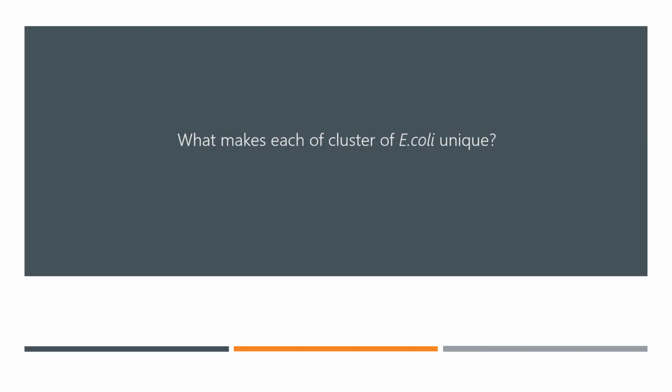The 2 main questions I was looking at: my first one was what makes each cluster of E. coli unique? That's what I really wanted to determine, whether those differences lie in parts of the genome that are part of the core genome, or in the parts of the genome that were horizontally gene transferred. And the second main question is how can DNA signatures be used to better define species?